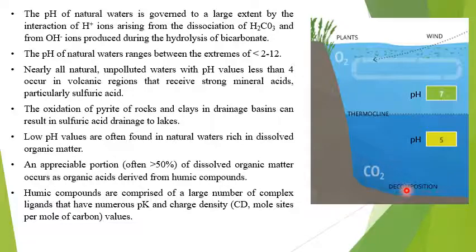If decomposition is more, plants are not there, and air circulation is not there, and there is organic matter at the bottom which will consume the oxygen, it leads to a decrease in the pH. The CO2 will react and form the acid H2CO3, and pH will move towards the acidic side.